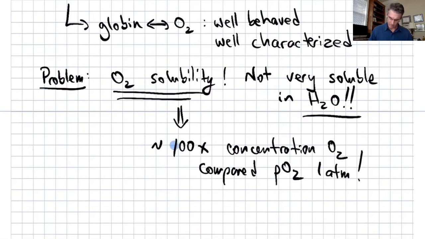That is a lot, right? So oxygen really just isn't that soluble to begin with. We need 100 times more than would normally be there at atmospheric pressure.